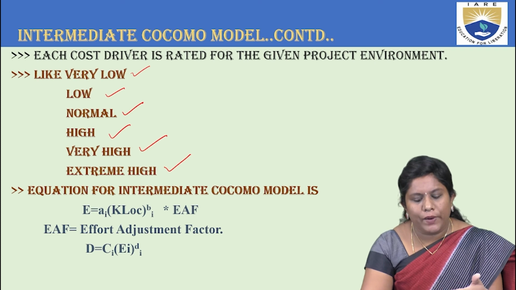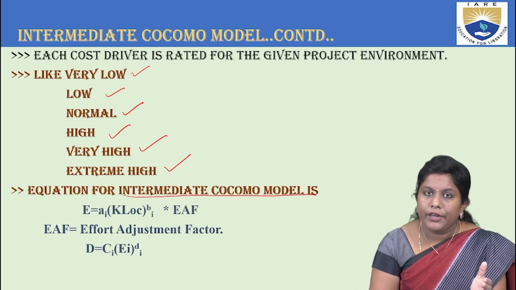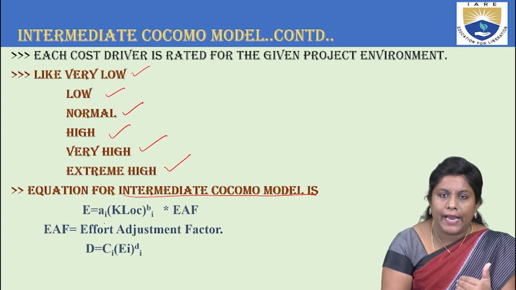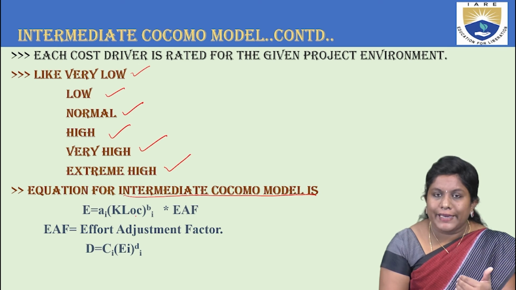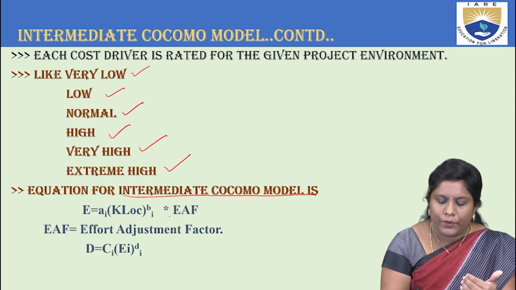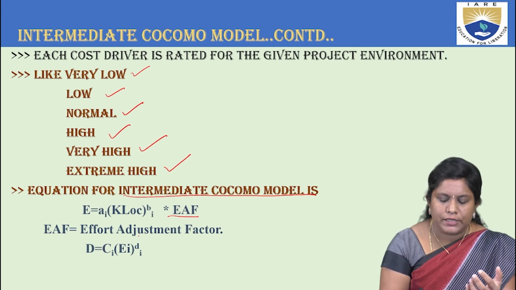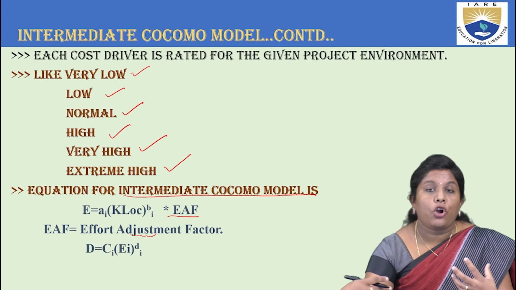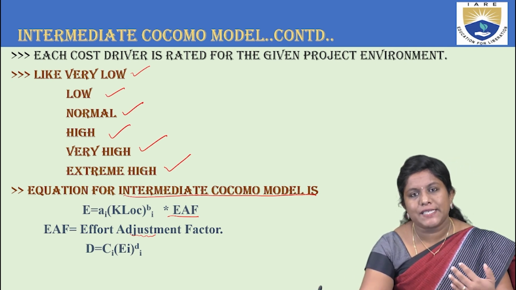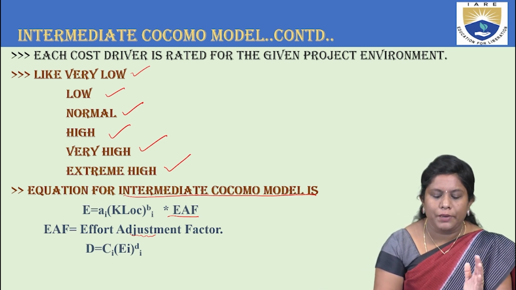Now, to calculate the intermediate COCOMO model, here again, you have another formula for the effort, which states AI times KLOC, that is the thousand lines of code, to the power BI, times EAF. Now, EAF stands for effort adjustment factor. Now, why are we using this term called adjustment? Because cost drivers are used for adjusting based upon the present environment. So, EAF is nothing but the effort adjustment factor.